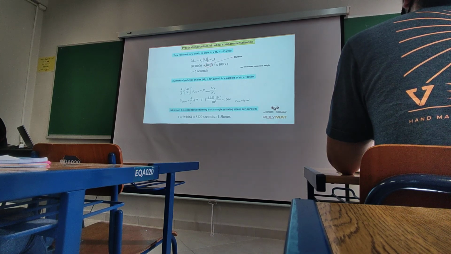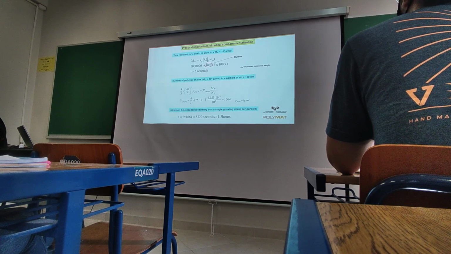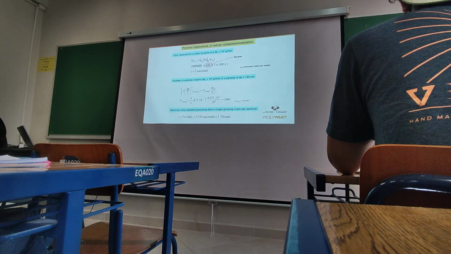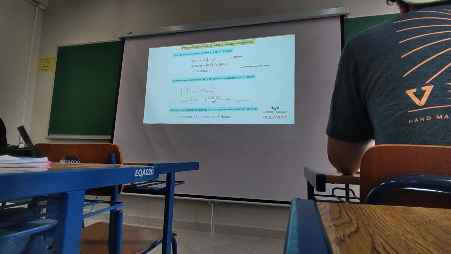And here, now, what we have is Rp divided by Rt, and 1 divided by Rt is the frequency of termination. So 1 divided by the rate of termination is the time that the radical will grow at this polymerization rate. So that's why I substitute 1 divided by Rt by the time of growth.